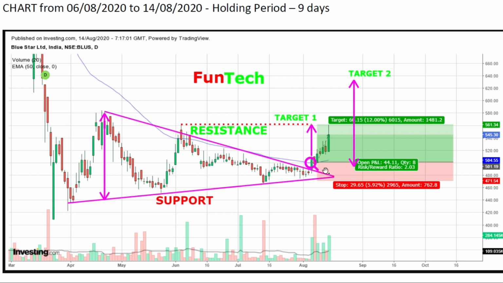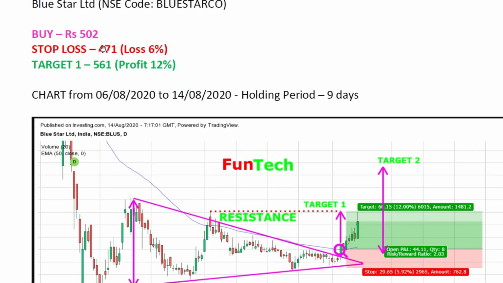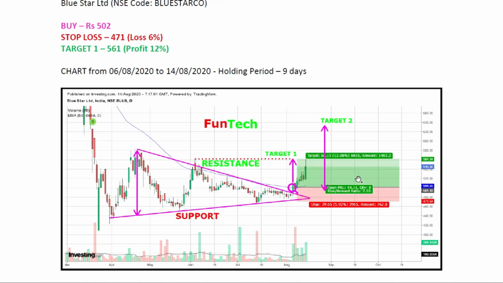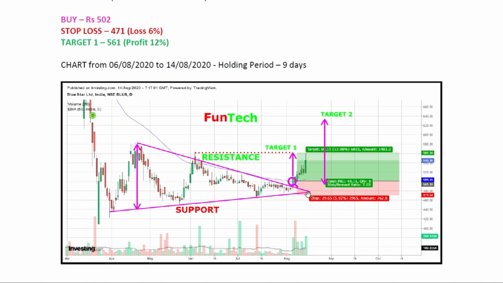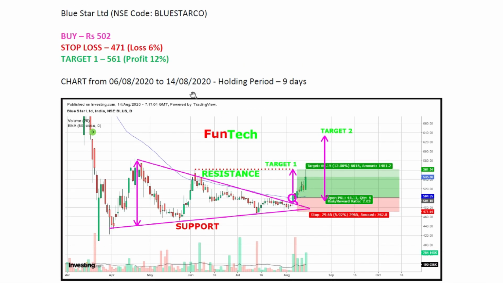The buying price is 502 and the stop loss is 471 and the target is 561. This is the first target and this is the second target. We bought on 6th of August 2020 and today it is 14th of August. In almost 9 days, it hit 12% profit.